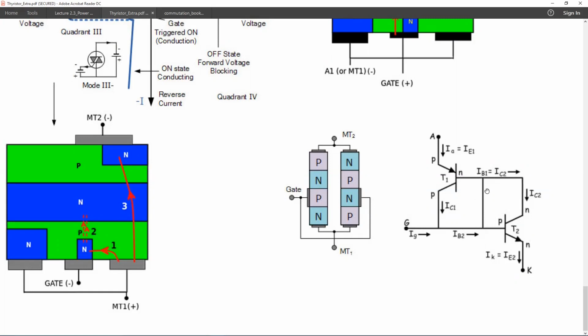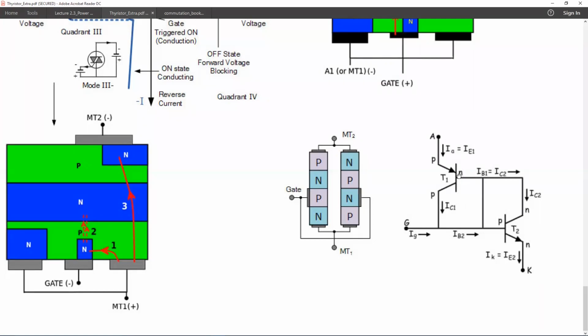So if we short these two bases, this structure will act like a triac, because if you can recall, the NPN transistor turns on by providing majority carrier in this p-type material, and in case of a PNP transistor, the majority carrier is electron.